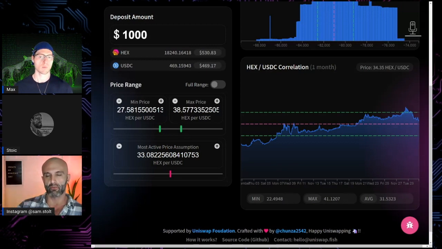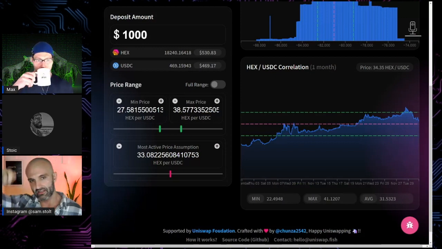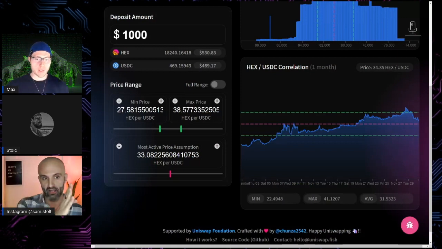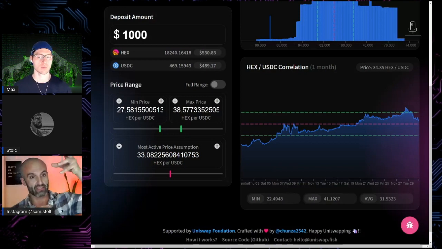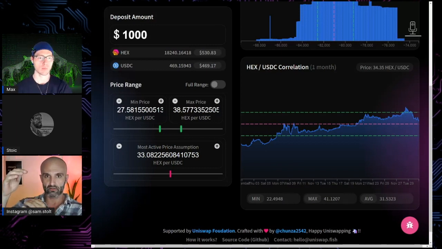So if you look at your portfolio, you think, okay, I had $1,000 and I could have had a 10x on that if I just held asset A. I held a combination of A and B, which means that part of my portfolio went up by a 10x during this time, and part of my portfolio went up by a 3x.